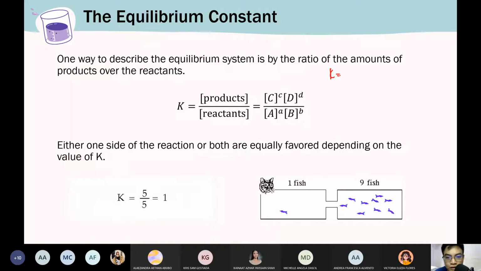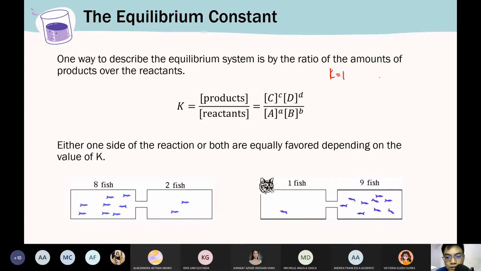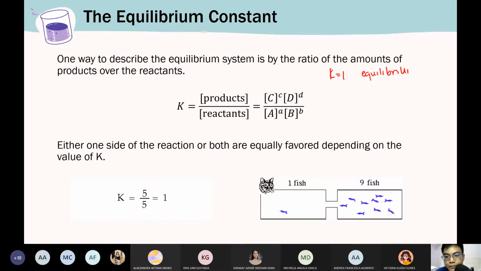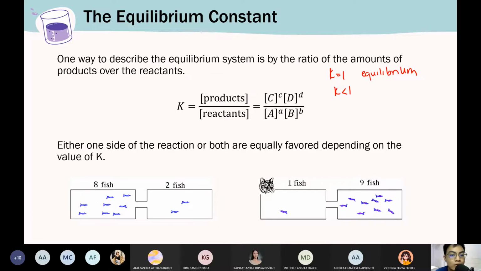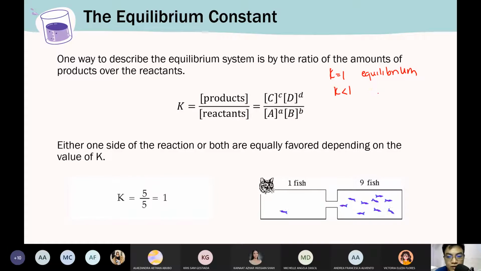If K is equal to 1, then your system is in complete stability, basically in full equilibrium siya. If your K is less than 1, the ratio will only be less than 1 if your reactants are favored.